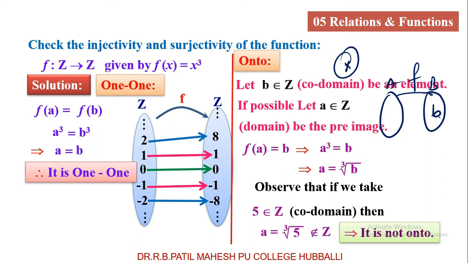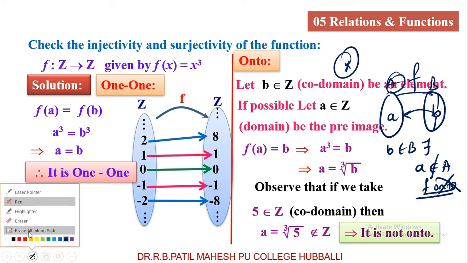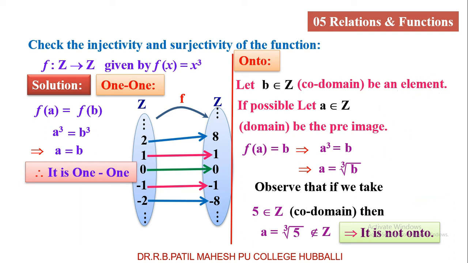B represents all the elements of the set B. For all these B, at least there should be one A in the set A. So you are understanding, for every B in capital B, there exists A in A, then the function is onto, otherwise not onto. If A does not belong to A, then the function is not onto. With this method, we say the function is not onto for this example.